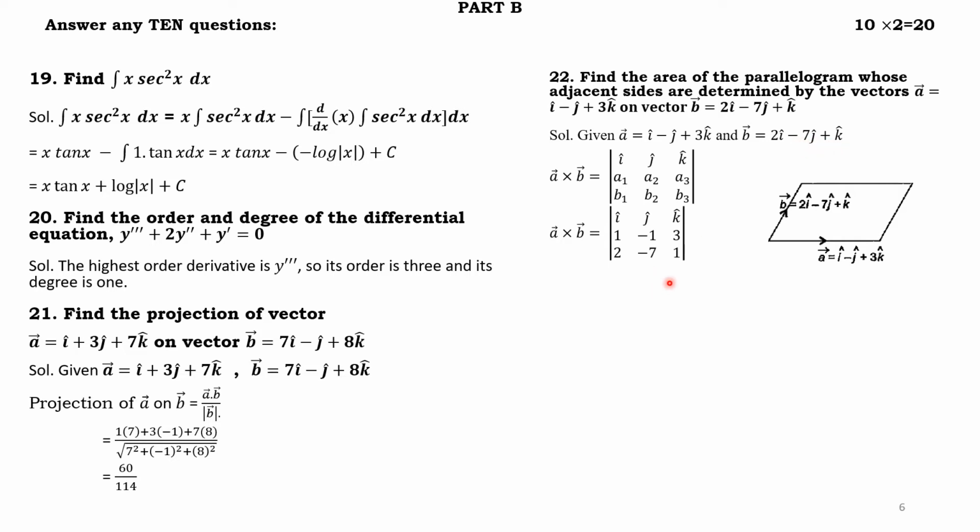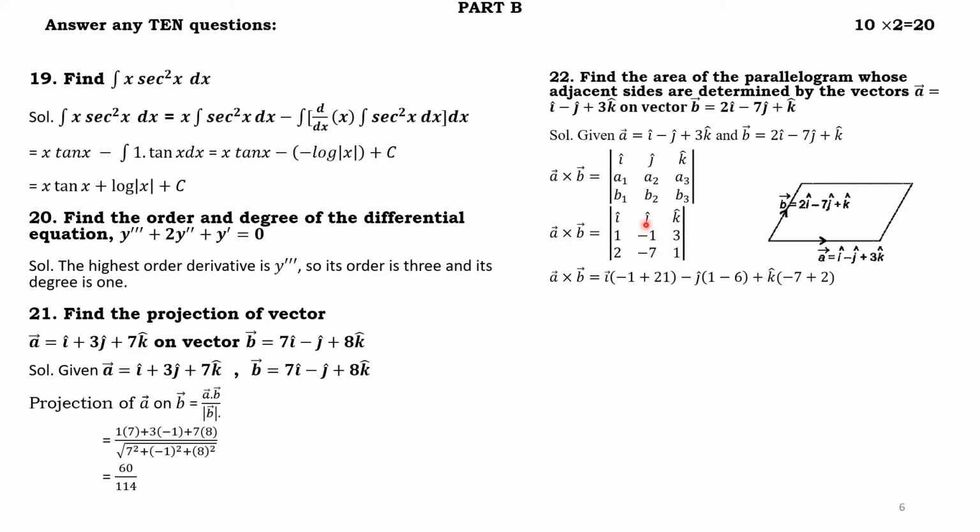So now we have to find A cross vector B. Therefore, A cross B is equal to i into minus 1 into 1 is minus 1, minus of minus 7 is plus 7 into 3 is 21.